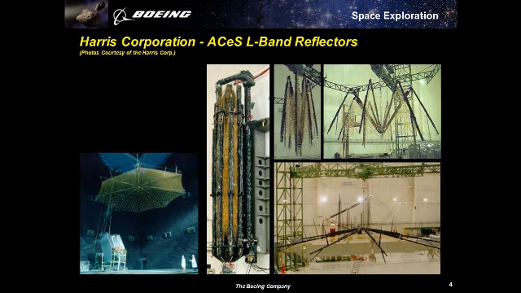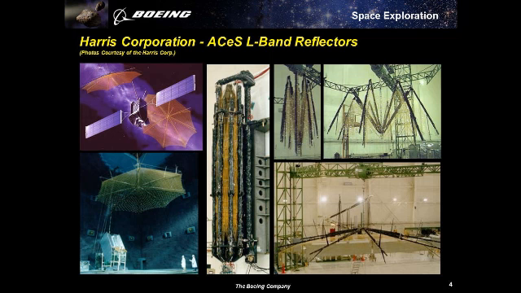Harris is also working in constructing a 22-meter diameter reflector of the same type. We know that several of the concepts studied for asteroid capture use large deployable structures. Both Boeing and Harris believe that these mature and proven technologies should be considered as candidates for asteroid capture concepts.